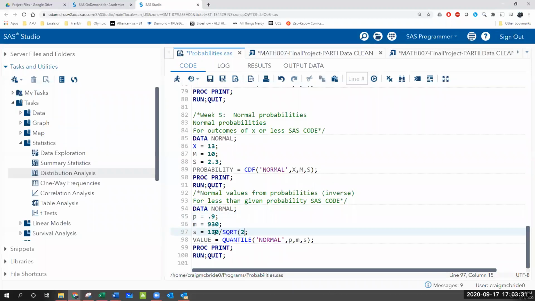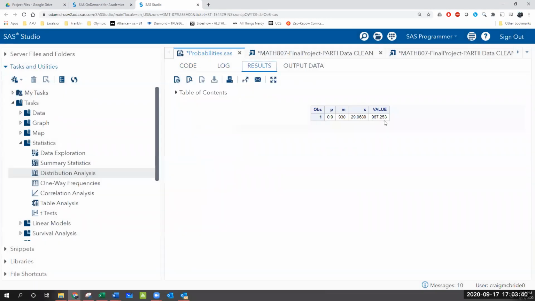If we run this, ta-da, 967. It does the square root of 20 in SAS the same way it does in Excel.